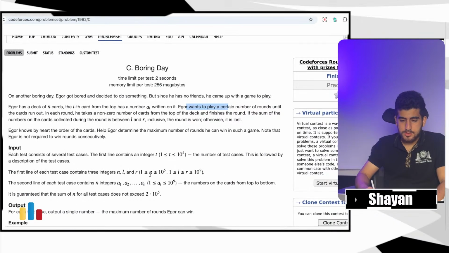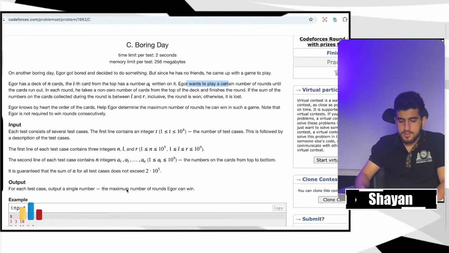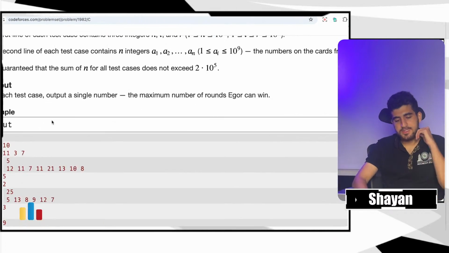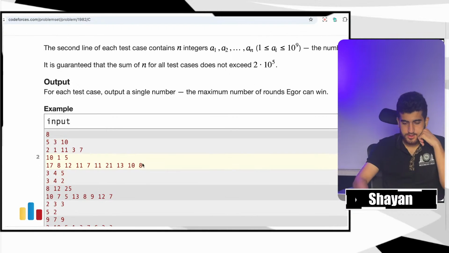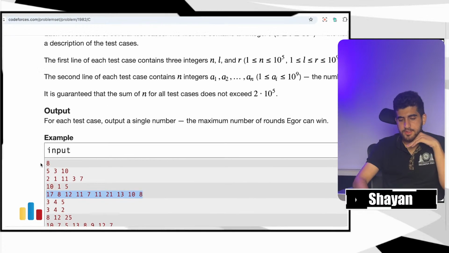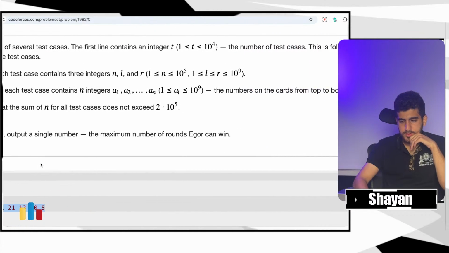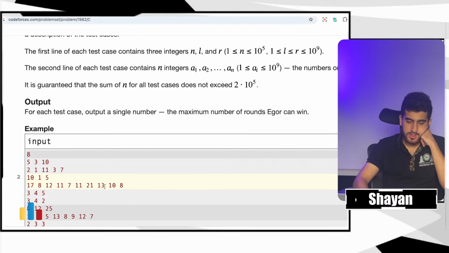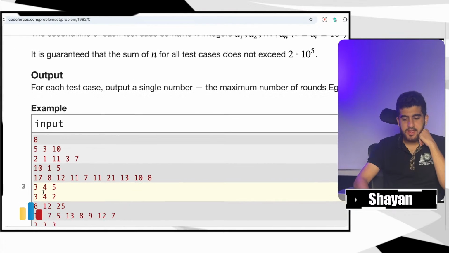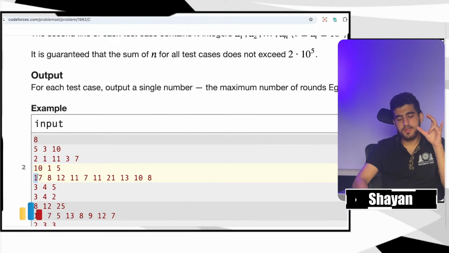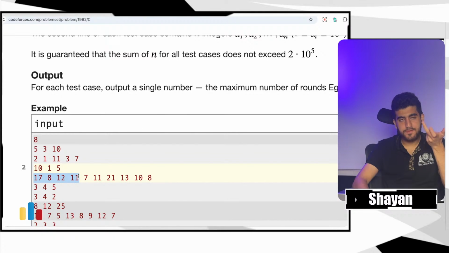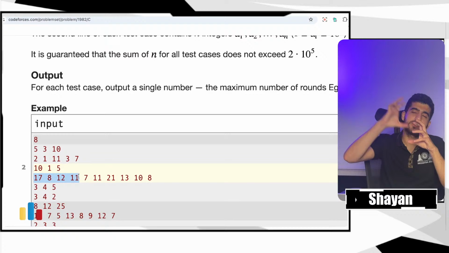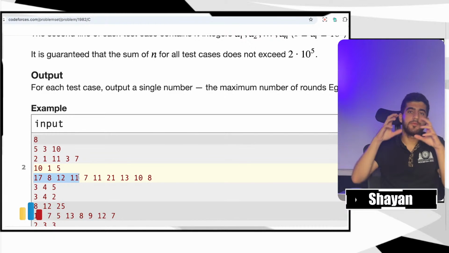N is up to 10 to the 5th, and a_i are up to 10 to the 9th. So Igor has a deck of cards. These are, for example, from top to bottom, so 17 is on top, 8 is at the bottom. Each time Igor can pick a prefix of these cards, pick some cards from the top, and remove them.